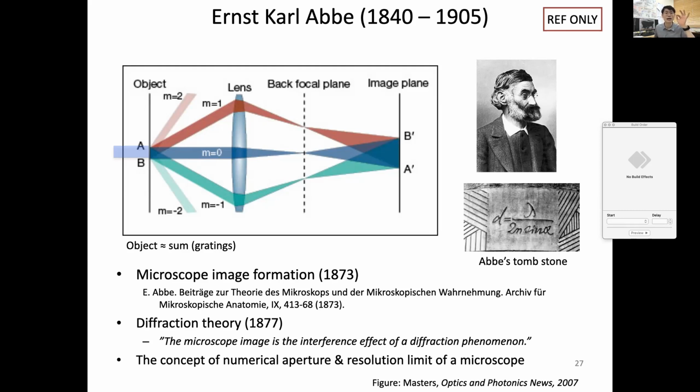And so electron can have an exquisite resolution, because it's 10 picometer to 10 nanometer. So remember, electron microscope gives us a very good spatial resolution. That led to the concept of numerical aperture, n sine theta, which sets the resolution limit of a microscope.